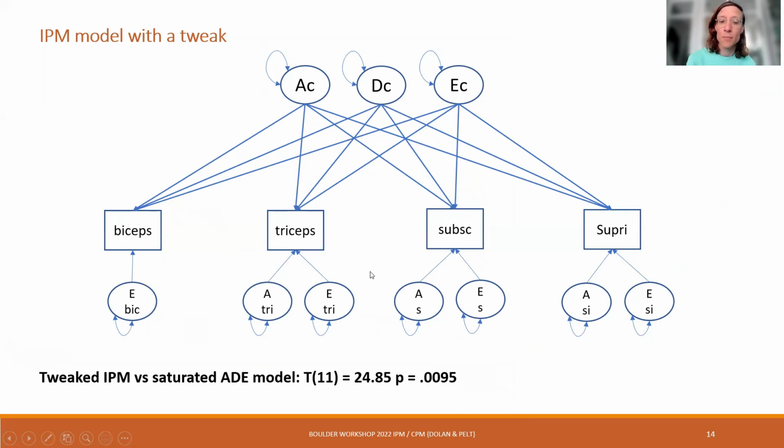There are no unique dominance effects. Biceps is only influenced by a unique non-shared environmental effect, while the three other phenotypes are also influenced by additive genetic and non-shared environmental unique effects.